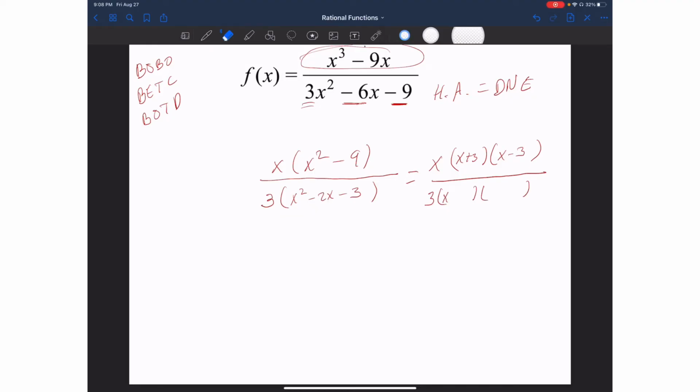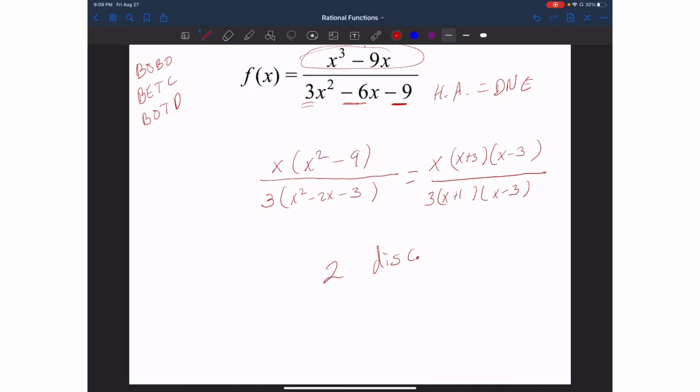So my factors are going to be x plus 1 and x minus 3. Now looking at the bottom, I notice that I only have 2 parentheses that have an x in them. This 3 is here, but it doesn't have an x on it, so I know I'm going to have 2 discontinuities.